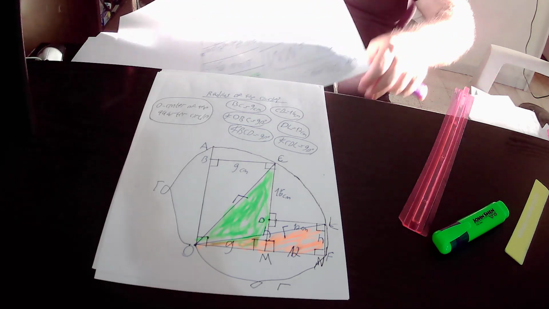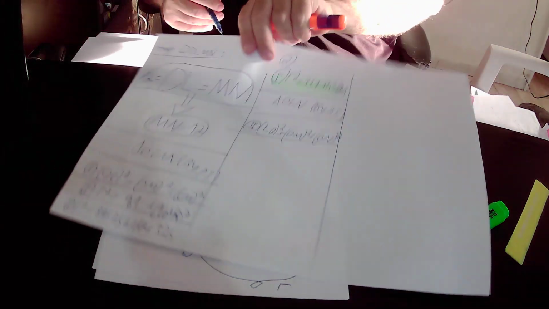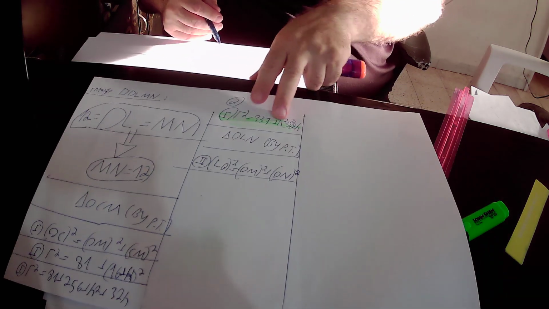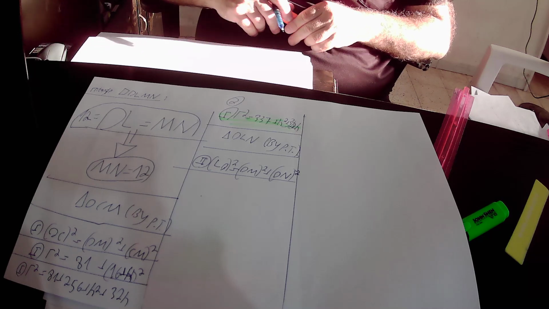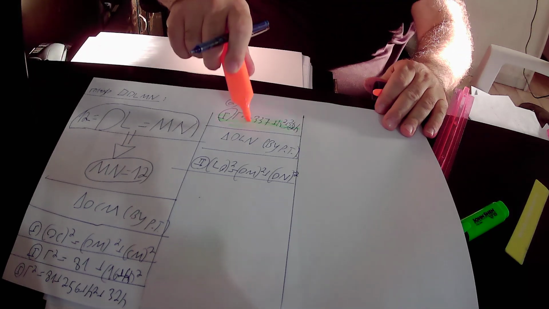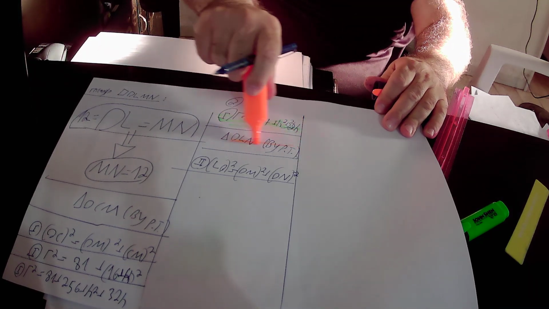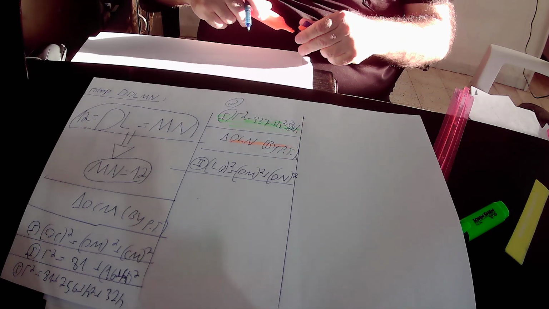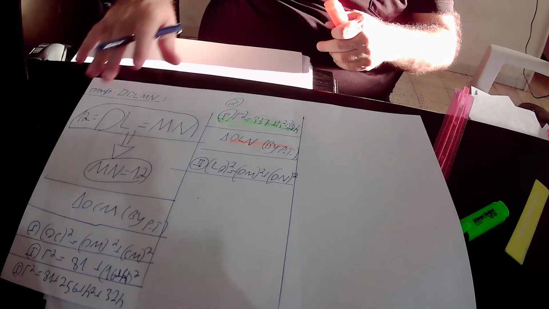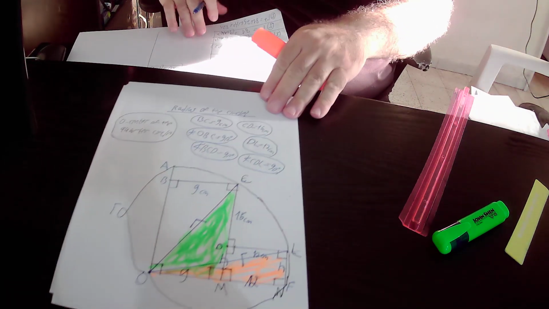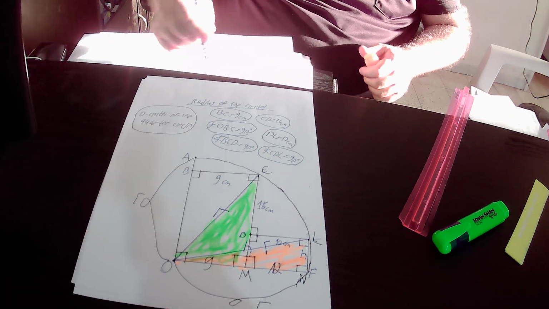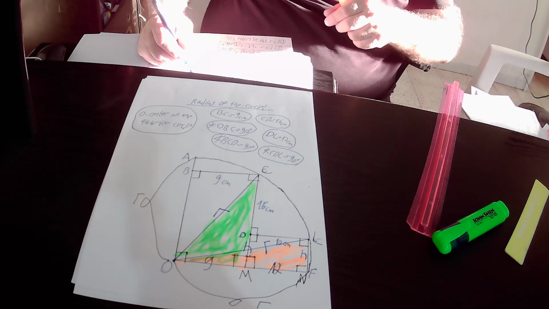Repeat again. According to the Pythagoras theorem, in the right orange triangle OLN, LO square must be equal to OM square plus ON square. Okay. So here LO is R, therefore LO square is R square.